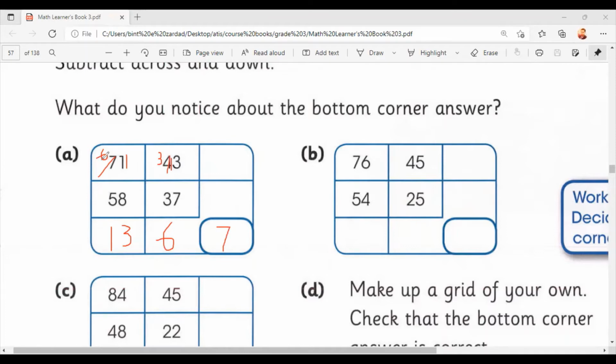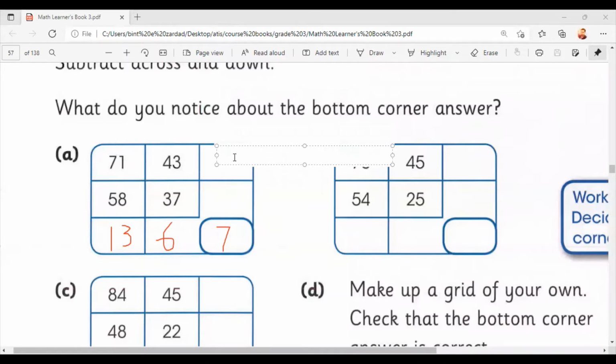Okay, we also subtract 71 minus 43. 1 minus 3 is not possible, so take 1 from here. 11 minus 3: counting 4, 5, 6, 7, 8, 9, 10, 11, it's 8.